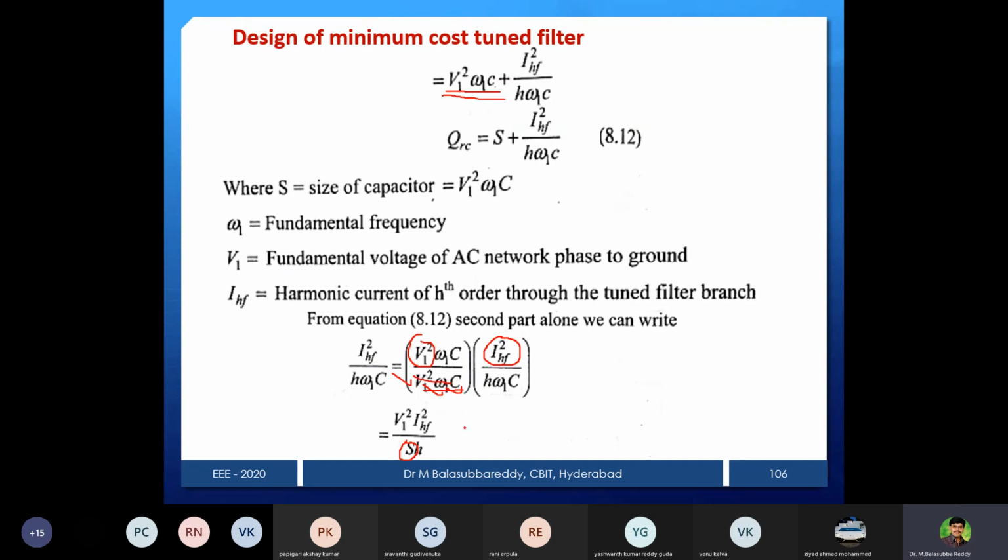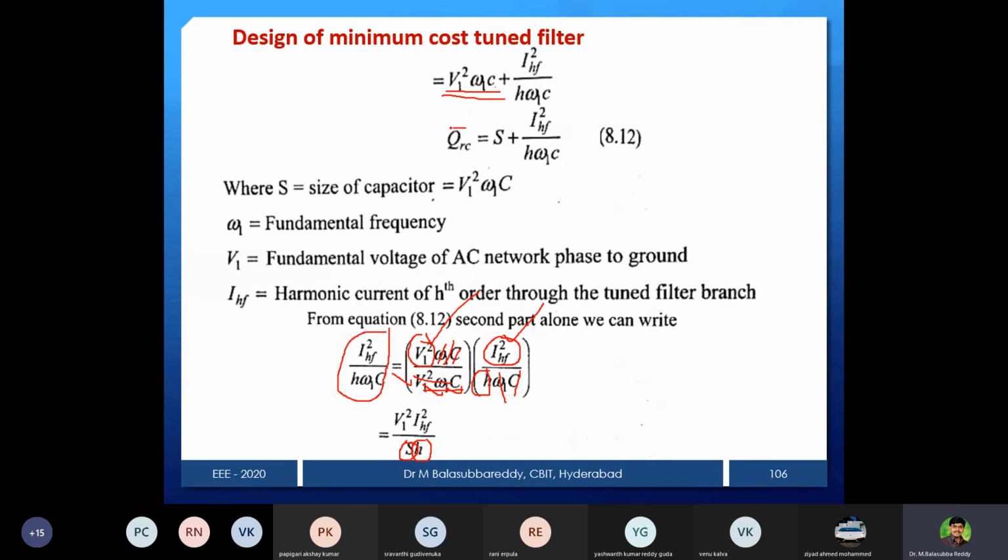Whatever is left, omega 1C, that will get cancelled out in the numerator. Omega 1C cancelled out. So what is the denominator? Only H is there. So you can represent SH. And the numerator, the remaining portion I represented as the numerator. So V1 square I HF square by SH. So this is the second factor alone.